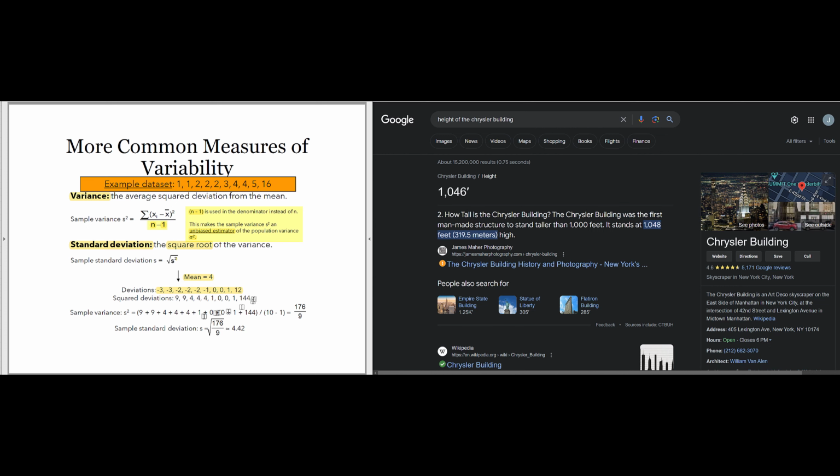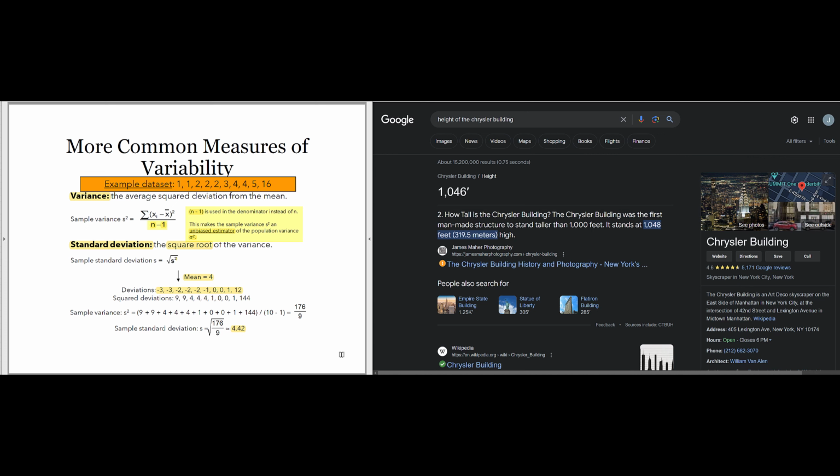We square those and then add them up, divide by n minus 1, and that gets us this value 176 over 9. That is the sample variance, which is the square of the standard deviation. And so the standard deviation here is 4.42.